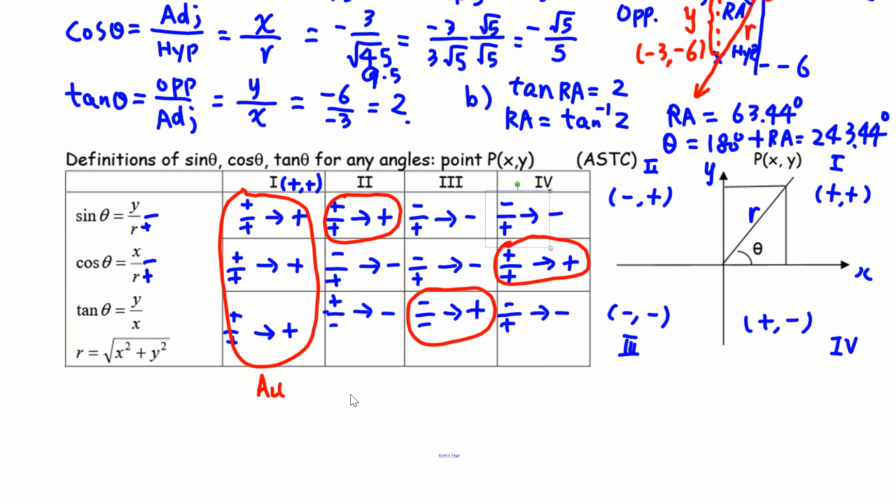And in the second quadrant only sine is positive. In the third quadrant only tangent is positive. And in the last, fourth quadrant, only cosine is positive. So we use the first letters A, S, T, C. You could remember it with All Students Take Calculus.